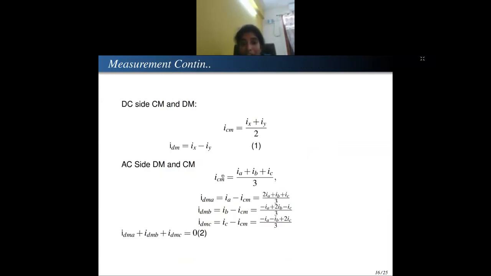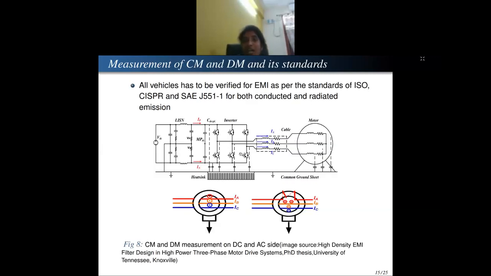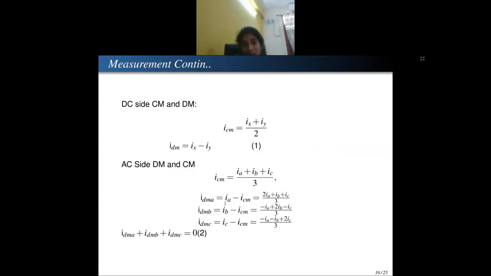How is it done? ICM is (IA plus IB plus IC) divided by 3. And I can define the DM component for phase A. I measure this overall current and I measure the common mode component. So IA minus ICM will give me, I think here the equation is wrong, (2IA minus IB minus IC) by 3.